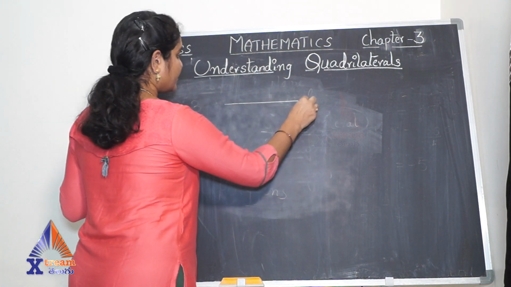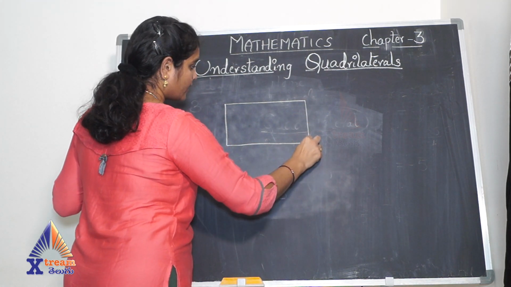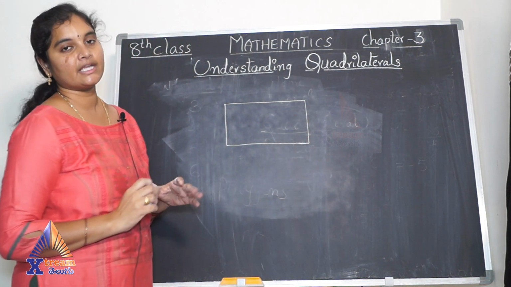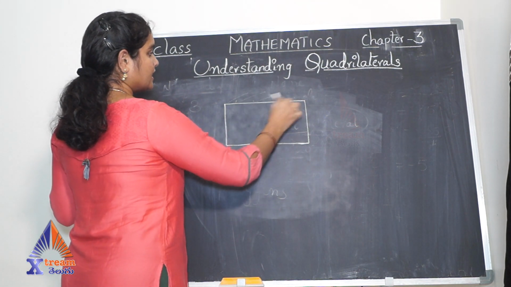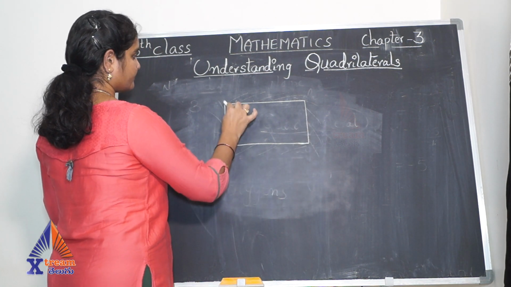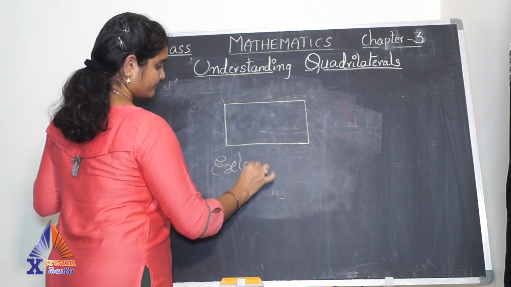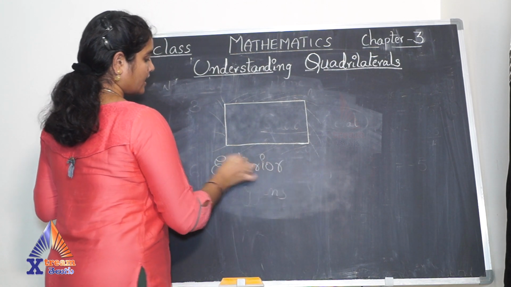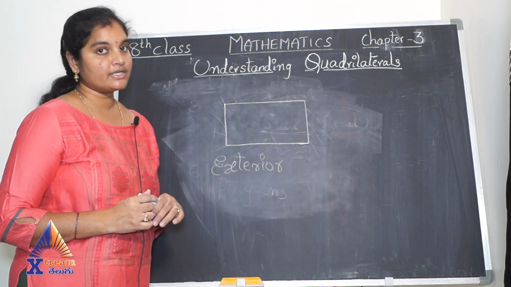So I'll take a very familiar quadrilateral, a rectangle. For this rectangle, the outside part which you can see is called the exterior, the exterior of the rectangle or of the quadrilateral.